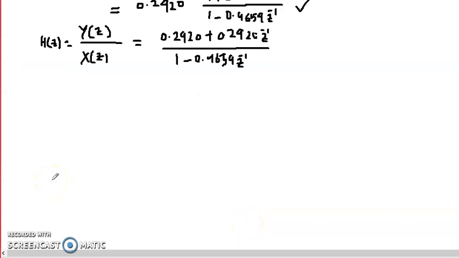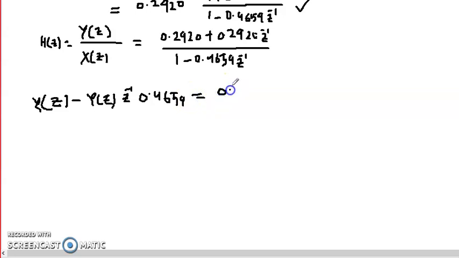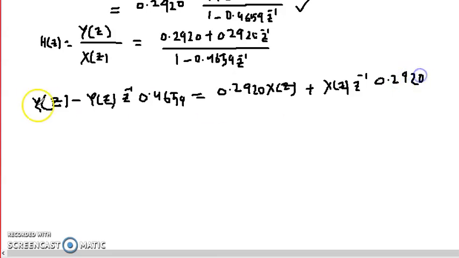When we cross multiply it, we will get Y(z) minus Y(z) z raised to power minus 1 times 0.4659 equal to 0.2920 X(z) plus X(z) z raised to power minus 1 times 0.2920. Okay, this is in the Z domain.